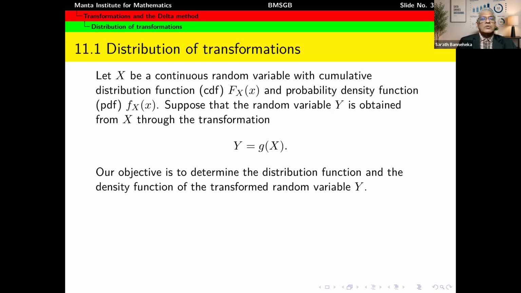Suppose X is a continuous random variable with cumulative distribution function capital F subscript X and the probability density function small f subscript X. Suppose that random variable Y is obtained from X through the transformation Y equals g of X. Our objective is to determine the distribution function, that is CDF, and the density function of the transformed random variable Y.